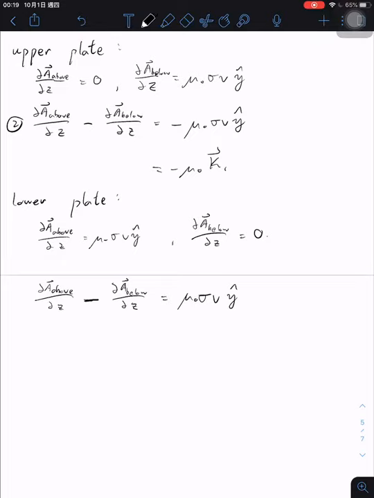However, for the lower plate, since the surface charge density is negative sigma, the surface current density is negative sigma v y hat. So if we extract another minus sign, we can get the same second boundary condition, which is still minus mu naught times the surface current density.